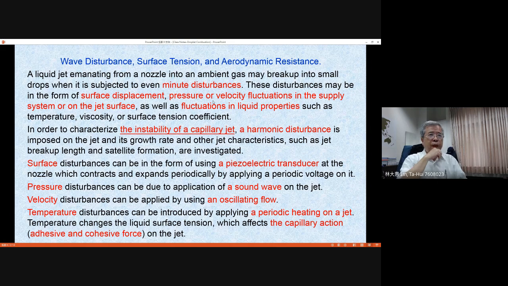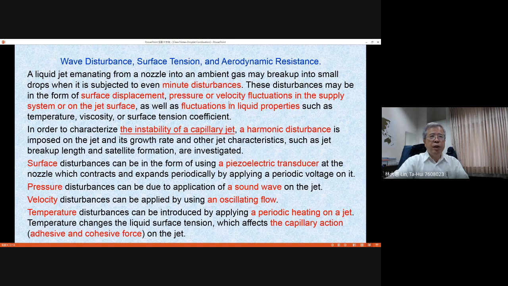Those disturbances may come in different forms, for example, from surface displacement. If you have a flow moving over the liquid jet, this disturbance will change the liquid jet surface, and it is possible to break up the liquid jet into droplets.